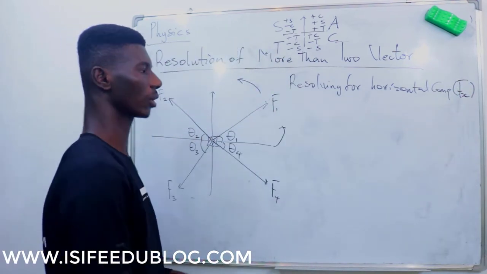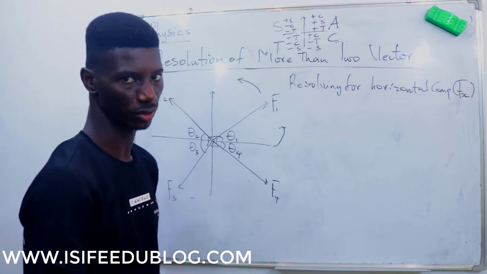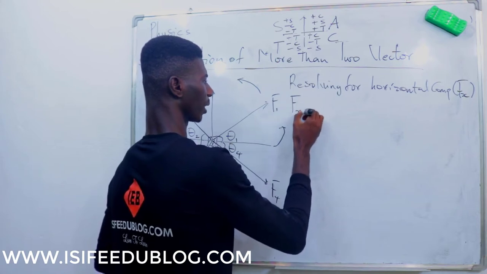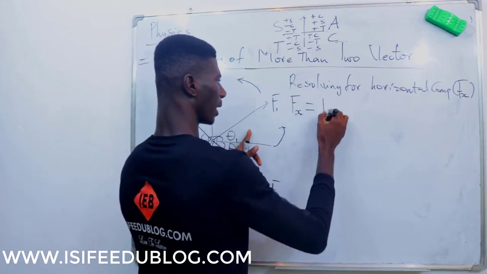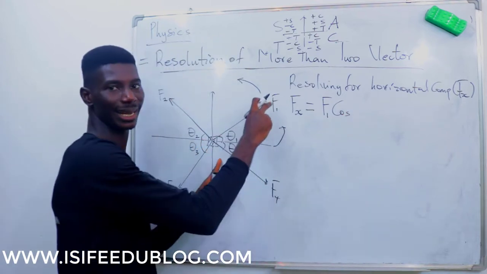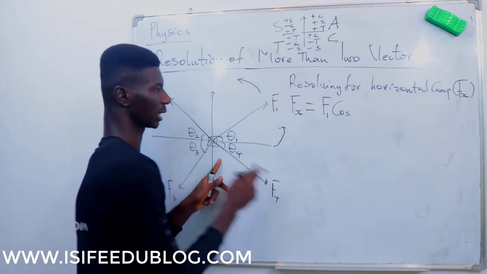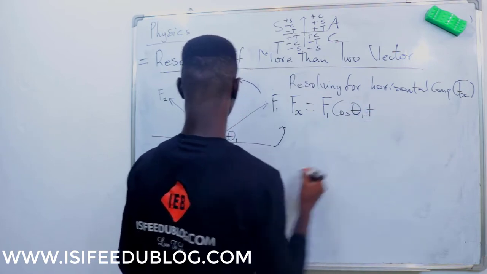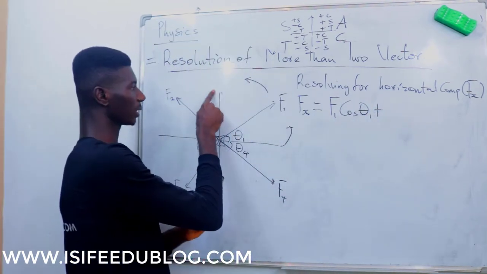Resolving for the horizontal component, remember you use cos. So we have Fx is equal to F1 cos, what is the direction of this vector? θ1, plus. If you are going this way, there is no particular force here.